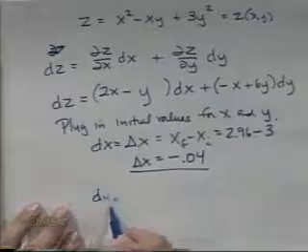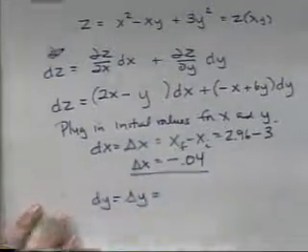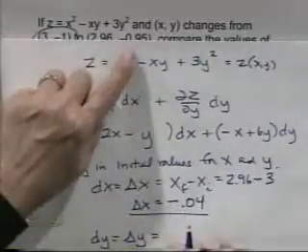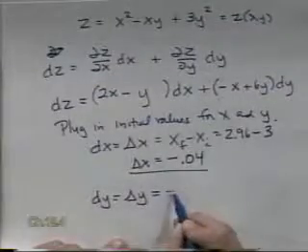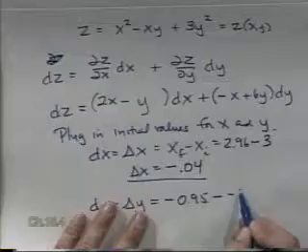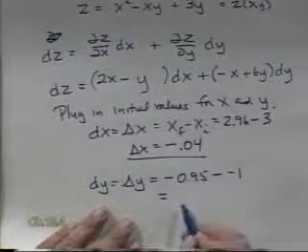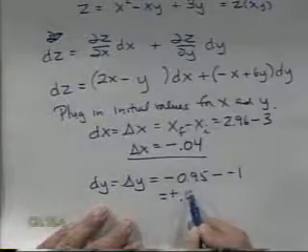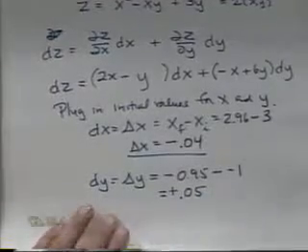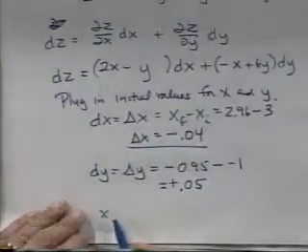And dy is delta y. That's y final, which is -0.95, minus my initial, which is -1, and that's going to be what? A +0.05. All right. What are we plugging in for x and for y?